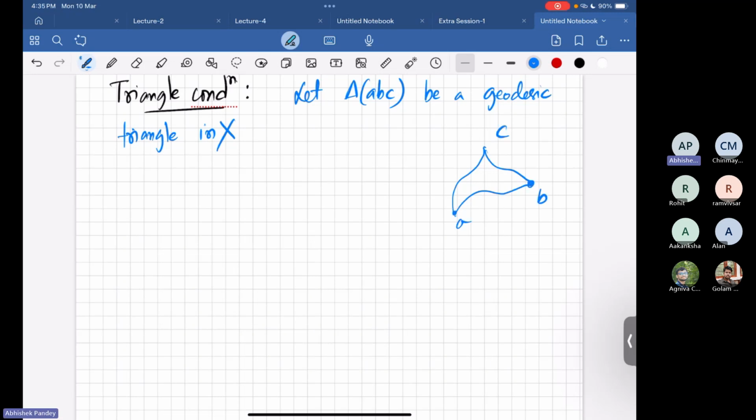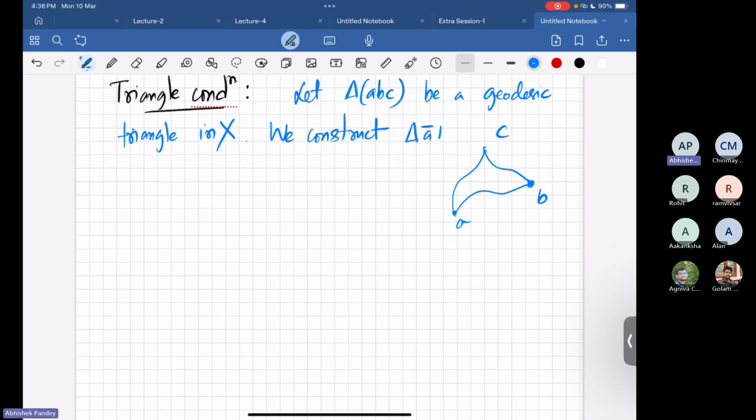So this is a geodesic triangle in the metric space X. We construct... Okay, by the way, the existence of the comparison triangle in the Euclidean space comes from Alexandrov's lemma. That I'm not going to discuss here, but I will mention it as a reference. One can see that. Once I define the kappa spaces, and once kappa is less than or equal to 0, we always have this comparison triangle.